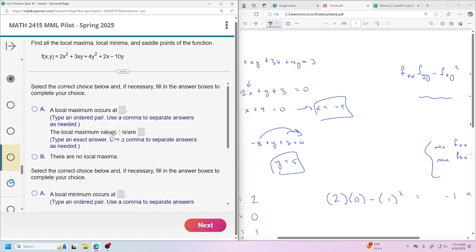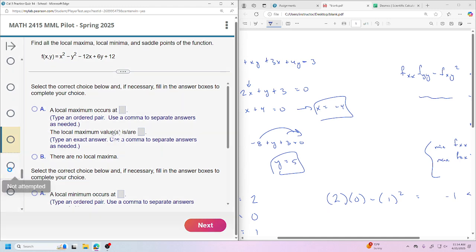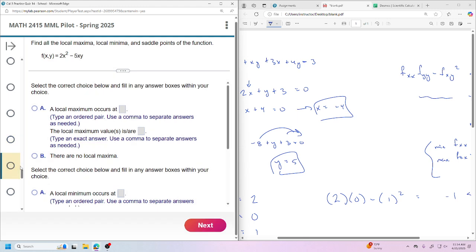Minimum yet again. See, so this is easy stuff. Minimum again, probably, literally the exact same. Yeah, sure. That one might be a saddle. That's a saddle for sure. All good there.